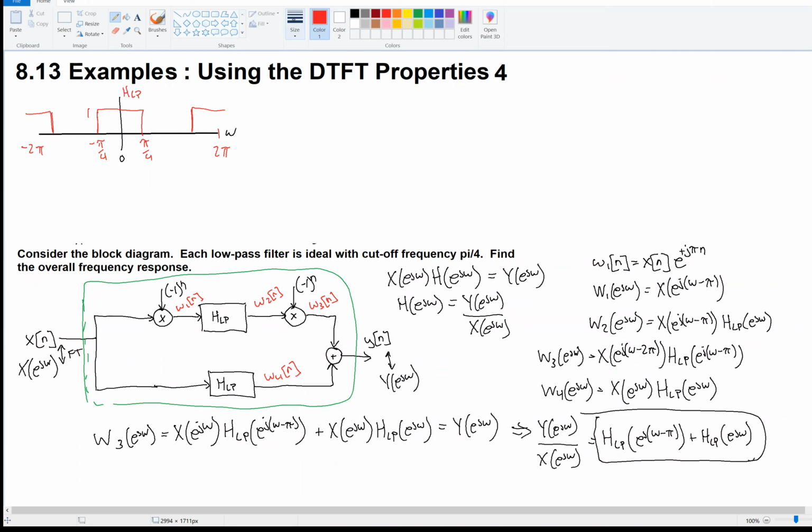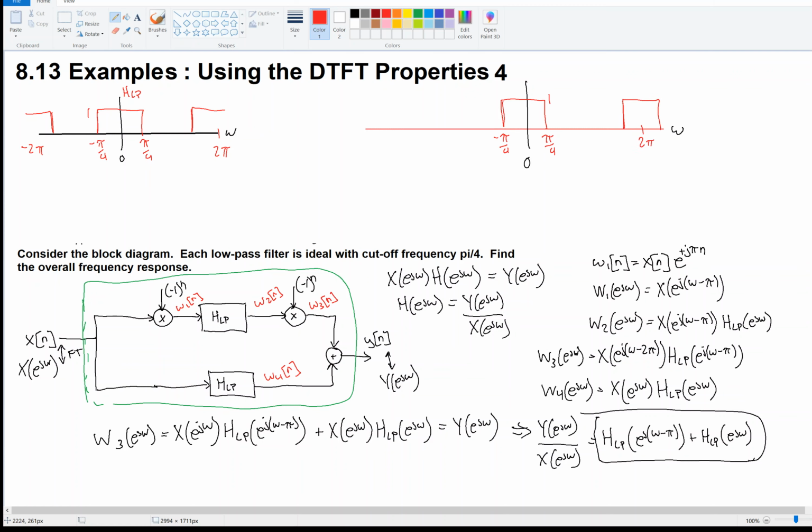Okay, so now what happens when we plot this guy? So we've got the low-pass filter. Here's this term here, the low-pass filter. So we still have something like this, pi over 4, minus pi over 4, and then at 2 pi again, right?